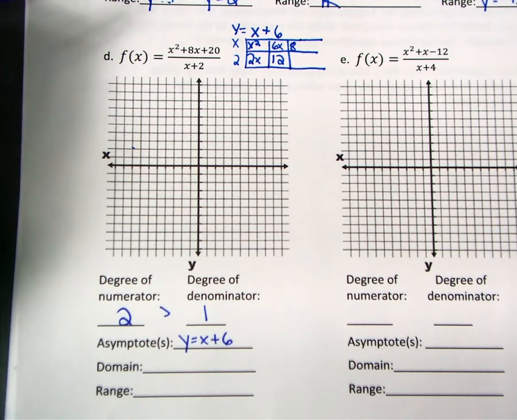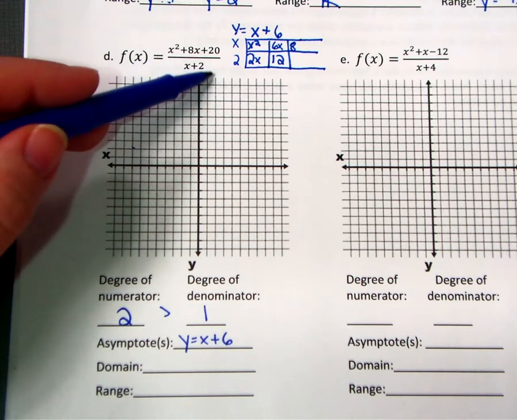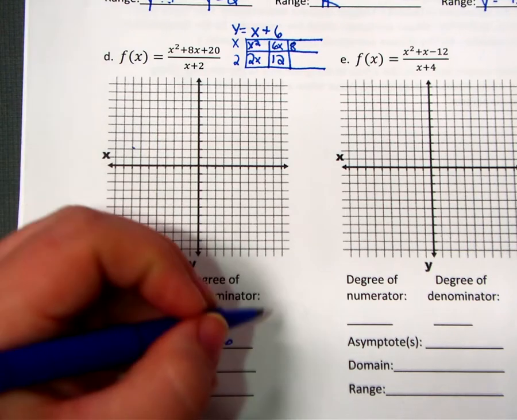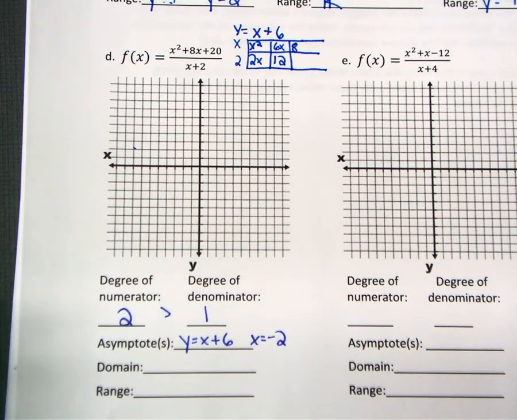Now, for our vertical asymptote, it's whatever is going to make the denominator equal to 0. And in that case, it's x equals negative 2. So let's take a look at our graph on our calculator.